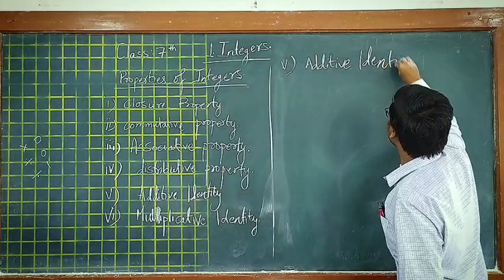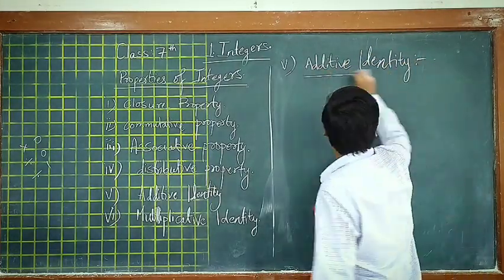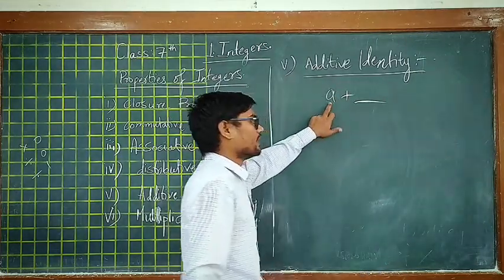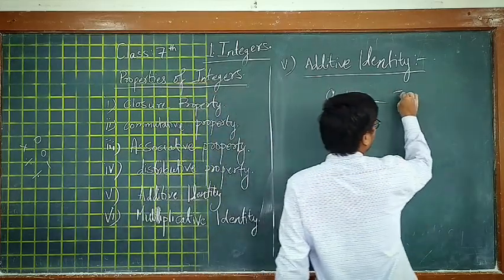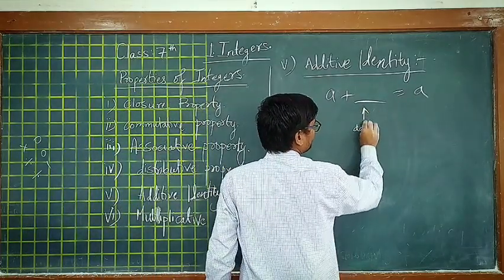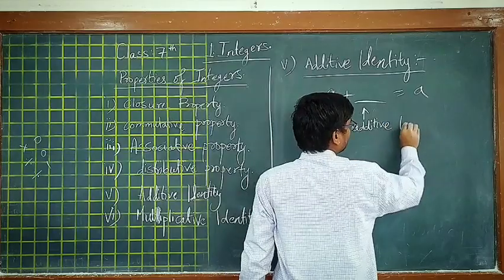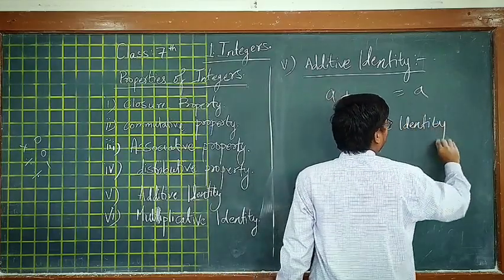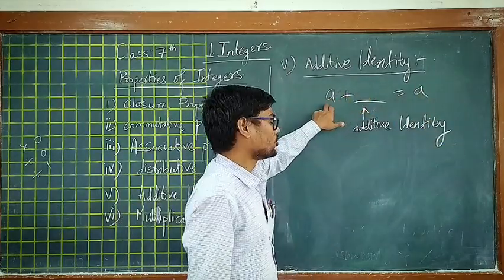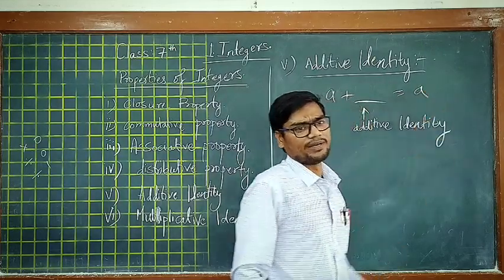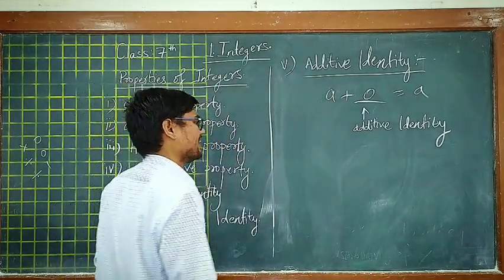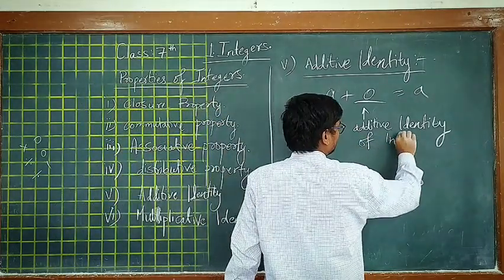What is additive identity? Additive identity is a number which when added to an integer a gives us the same integer. Clearly we know that it is 0. 0 is the additive identity of integers.